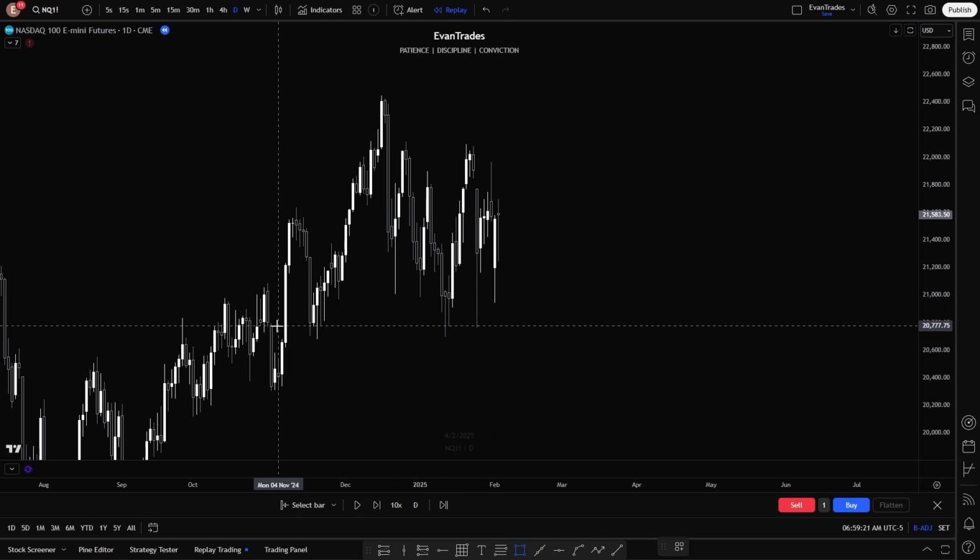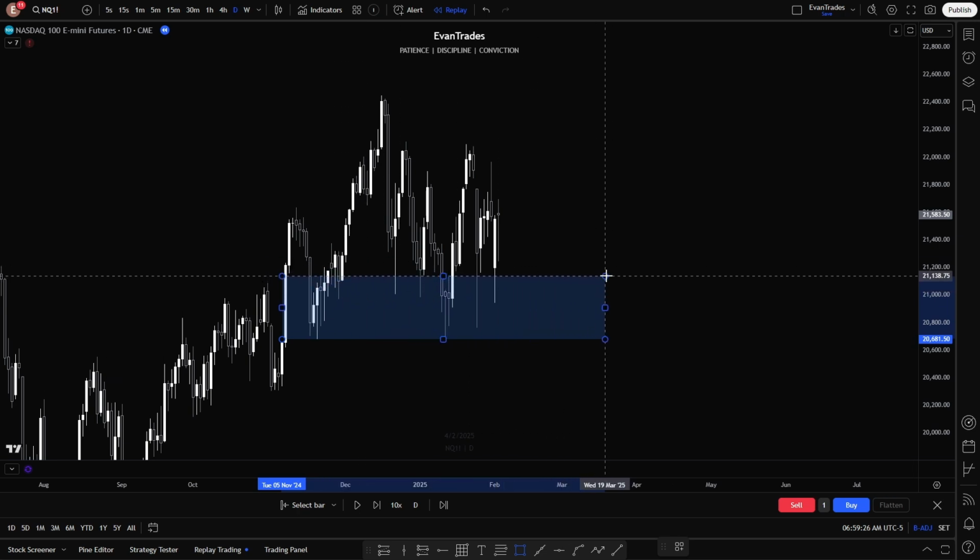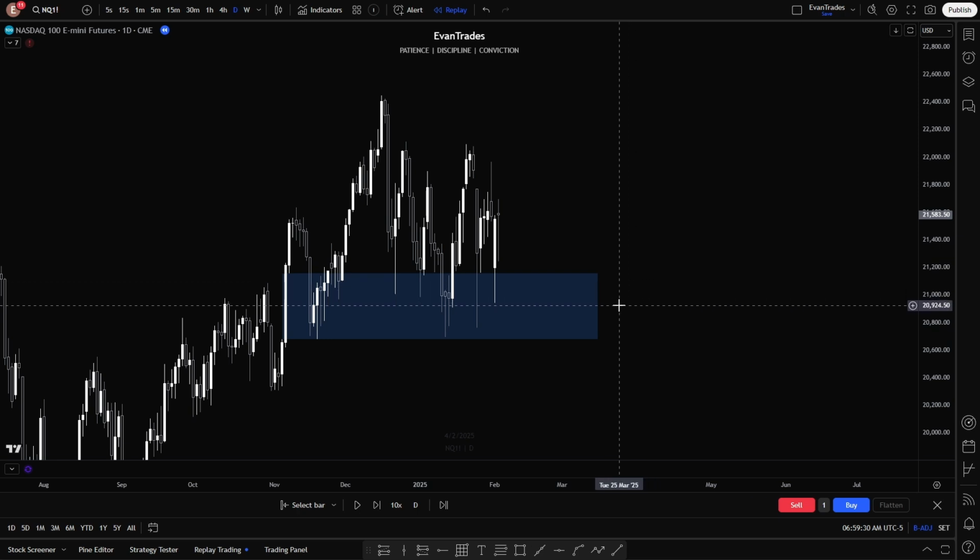So right here, the first thing that catches my eye is we are still holding this daily fair value gap, right? We've come up, bounced, come down again, bounced, come down again, bounce, go higher, didn't take this high, come back down, and now we're bouncing again.